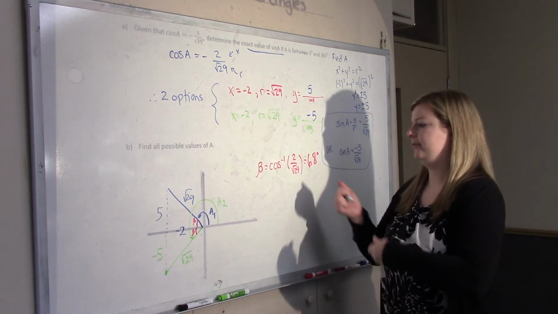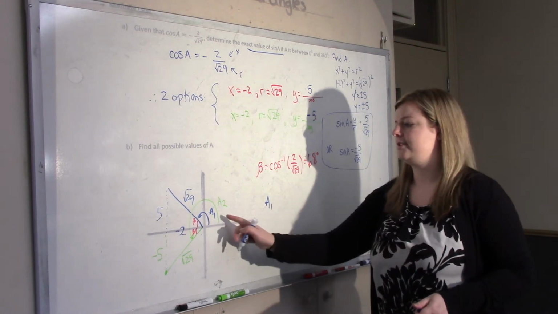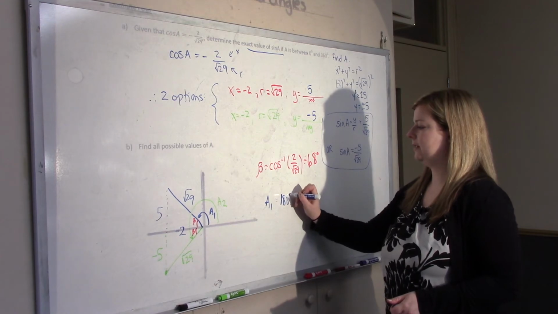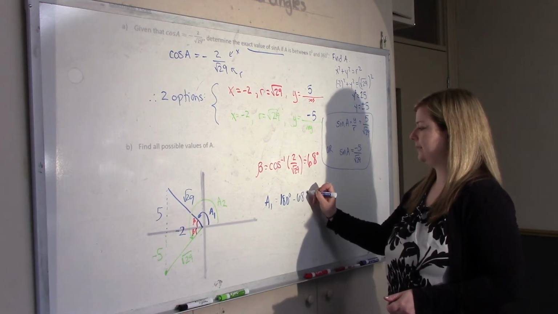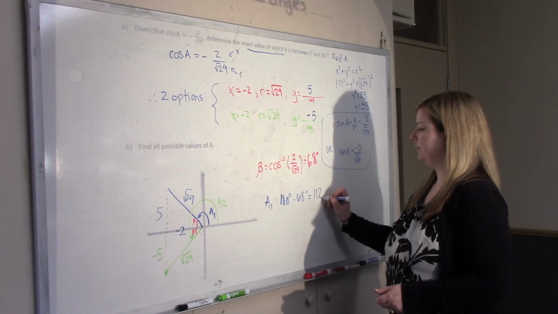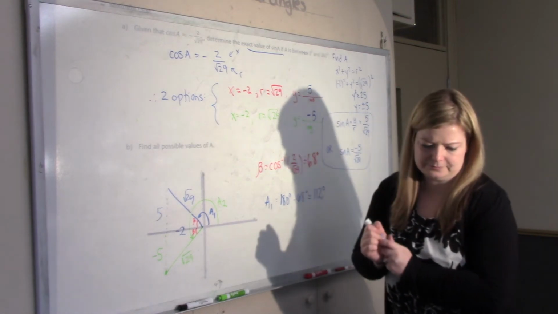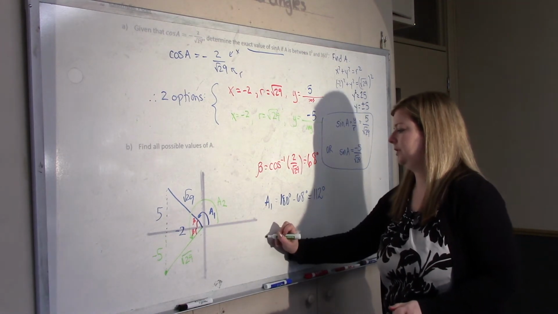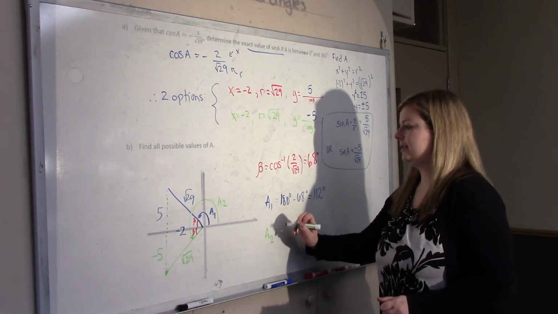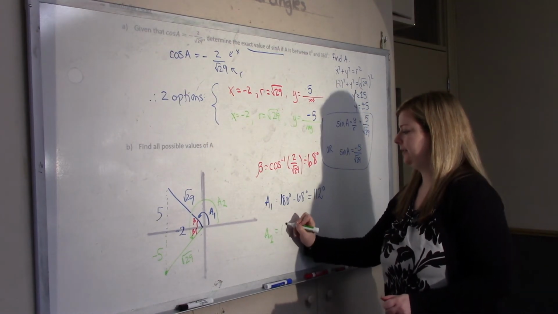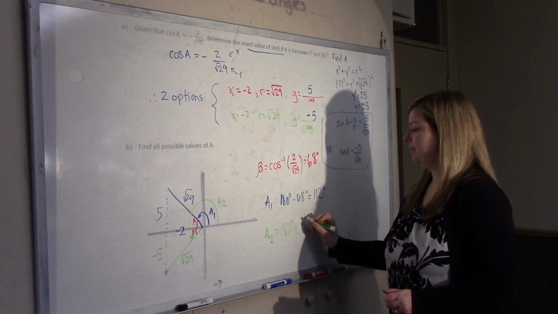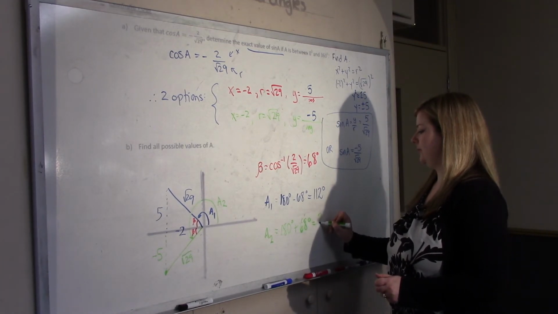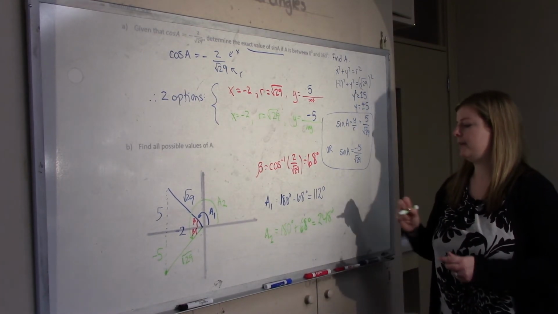So therefore, we can use this information to find A1 and A2. A1 is just 180 degrees minus beta, so 180 minus 68, which gives us 112 degrees. And then A2 is 180 plus beta, so 180 degrees plus 68 degrees, which equals 248 degrees.